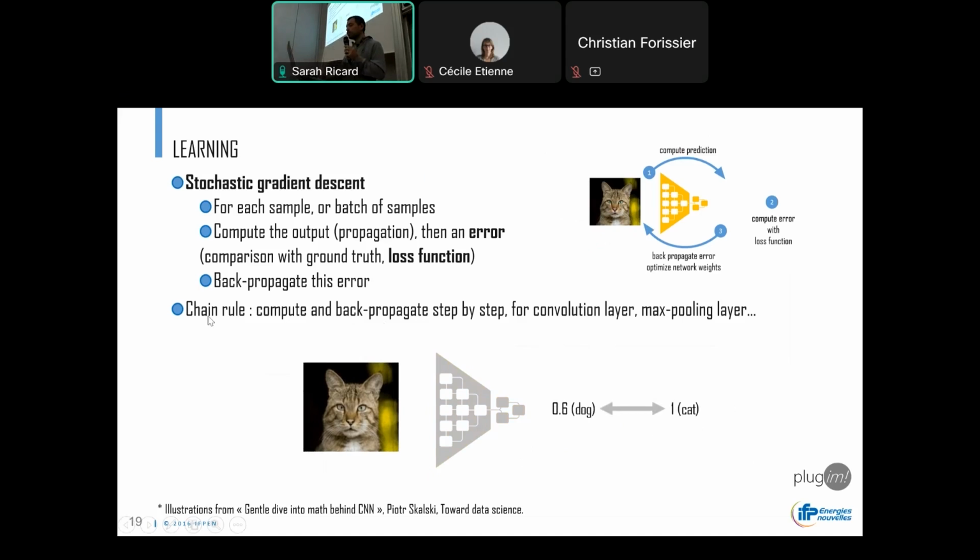And you use the chain rule to compute and backpropagate step by step through the convolution and max pooling layers. I won't go into detail concerning the formulation of the gradient descent for the convolution, but it may be on my slides, or I can give you some details in additional slides if you want.